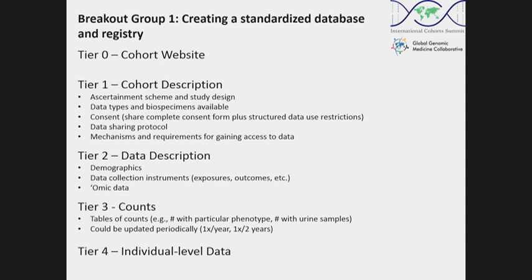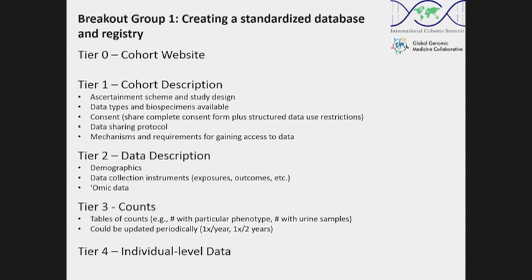Tier 2 would be data descriptors. So, for example, what demographics were collected, what data collection instruments were used, how the data were collected, also what omic data are available and a description of that. Tier 3 would be a little bit more effort. These are actual counts. So we could imagine tables of counts from the cohort.